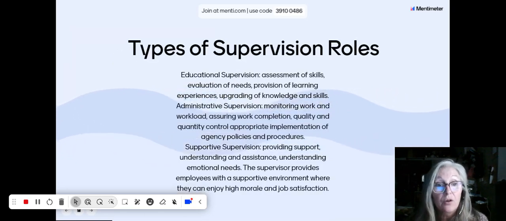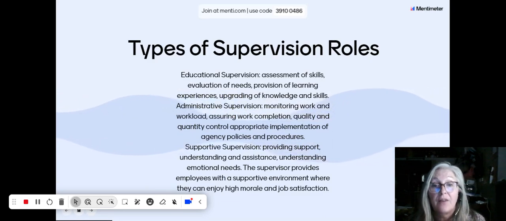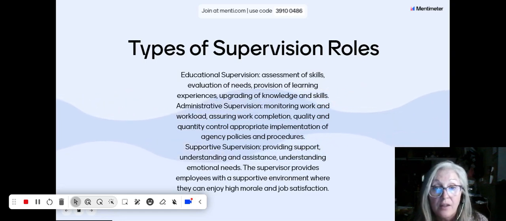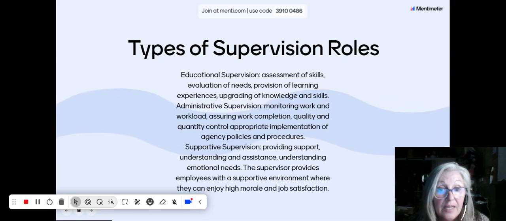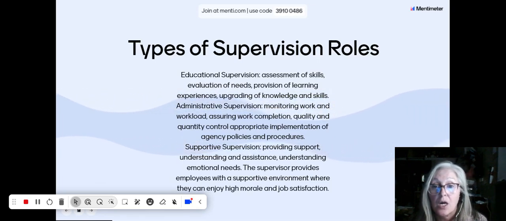No matter what model or theory you're based under, you're going to provide educational supervision. You're going to assess people's skills, evaluate what they need, and figure out where they are in their knowledge base. You're going to do administrative tasks, like checking whether they're handling their caseload, whether they need time management help, and whether their treatment plans are okay and up to standard.